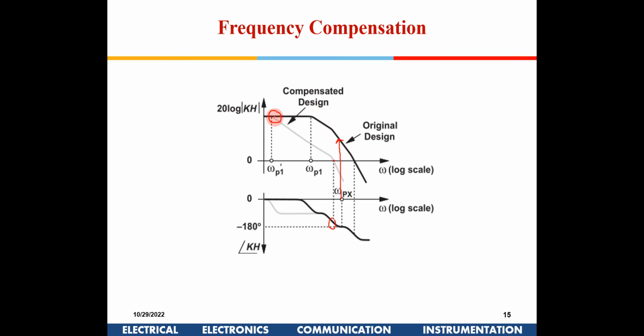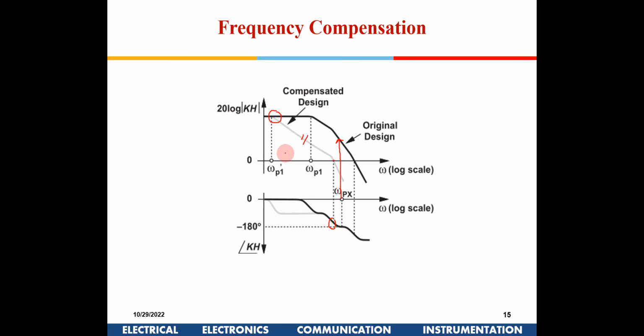But I am making it function like a single pole by making one pole very dominant. That is, I am pulling this pole much earlier. So this will start rolling down and it will reach 0 dB. And since this is a dominant, single pole, the phase difference will be around 90 only. That way I am making this stable. Is it okay now? Yes, sir.